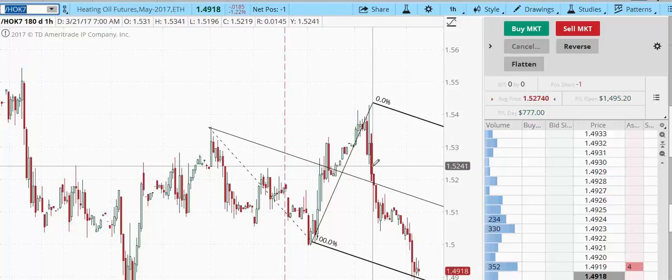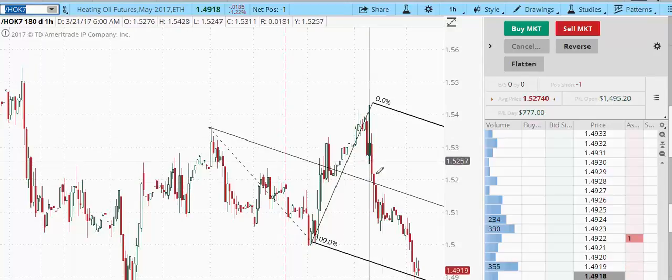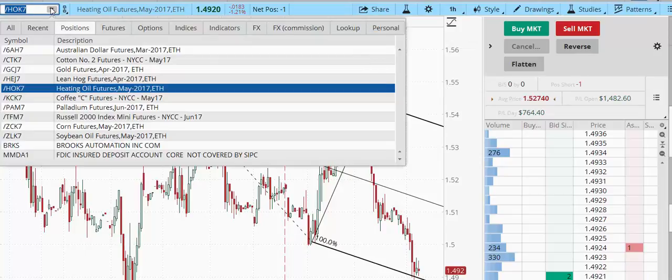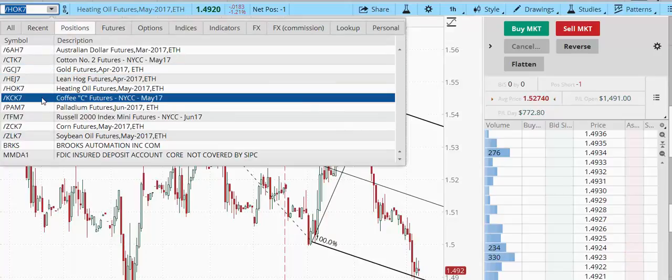The thing you have to watch for in something like heating oil is that when this puppy moves, it's a significant dollar amount. So just from here to here, it's quite a bit. Whereas in the soybean meal, it's not as much in real dollars, and so you need to get a handle on that kind of thing and keep that in mind when you're trading.